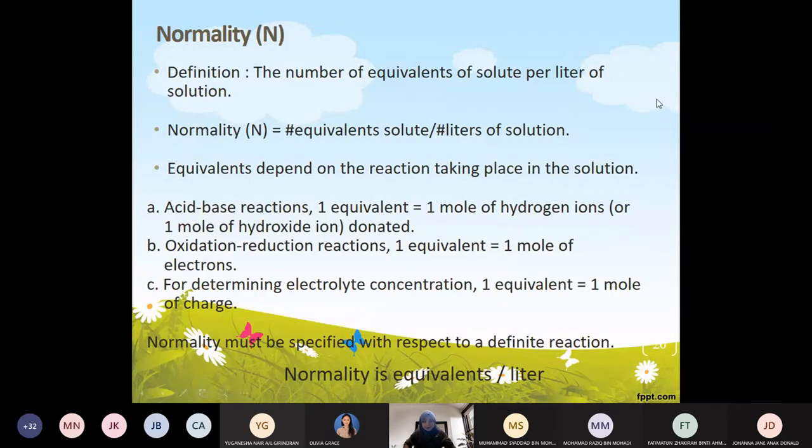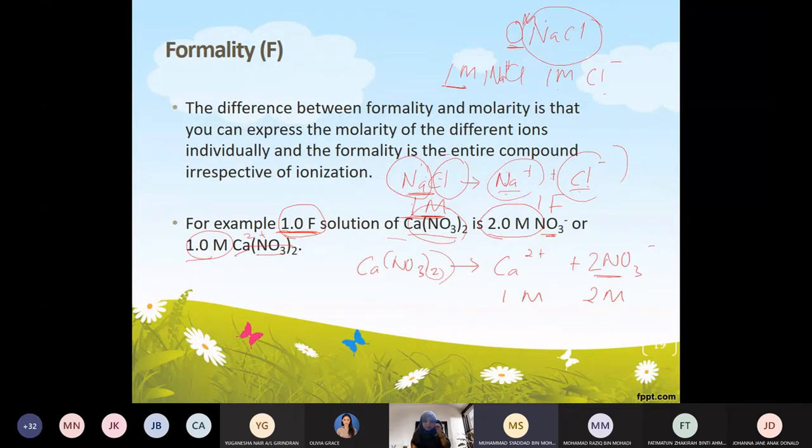Ada soalan? Before I move on to normality. So, madam, I have a question. Yeah. So maksudnya kalau the calcium nitrate, do we have to mention both the mole of both concentrations?